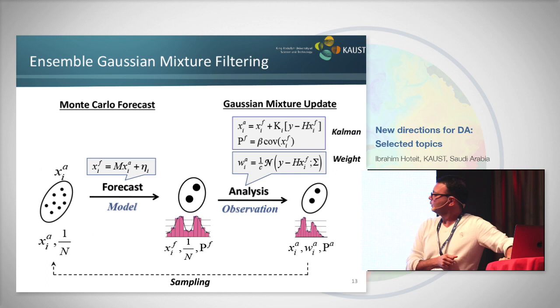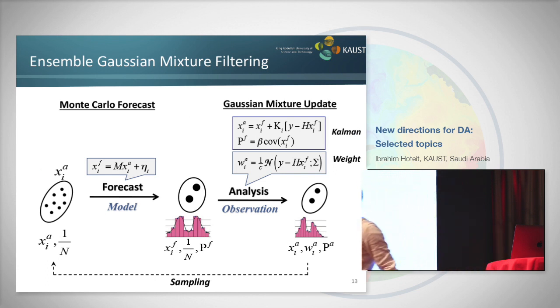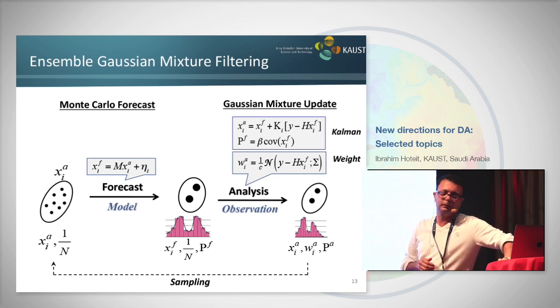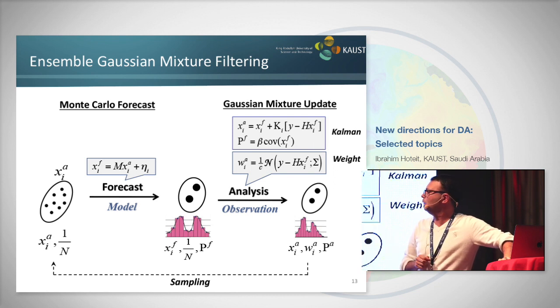So if you take this, we're still using the forward Monte Carlo step, whether it's particle filter or EnKF, and the idea here is to replace it not by one Gaussian but a few Gaussians, and then apply the update.